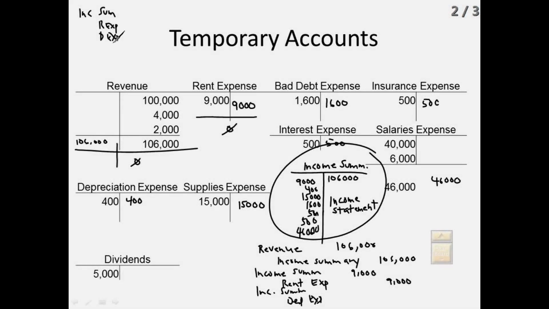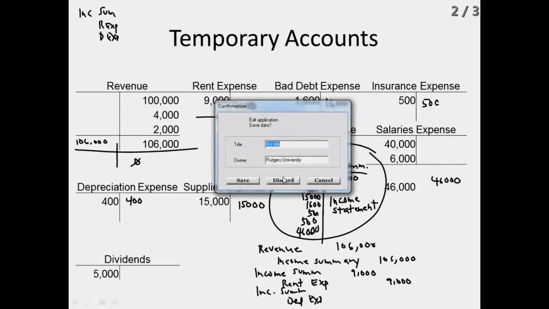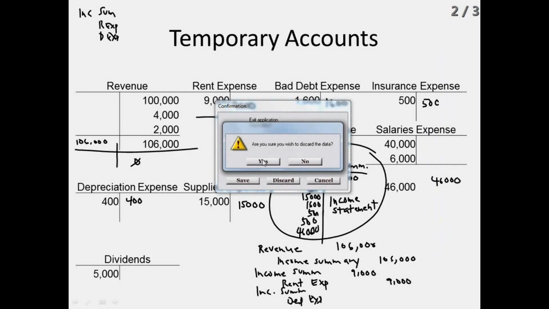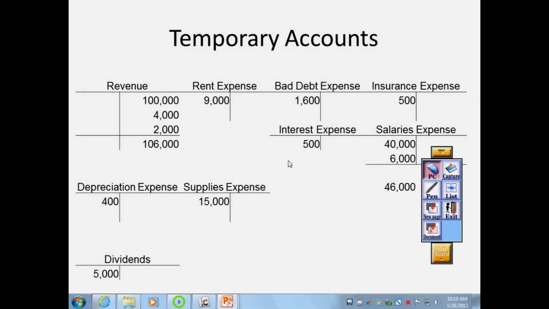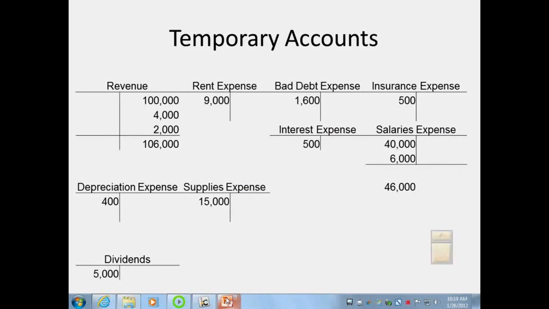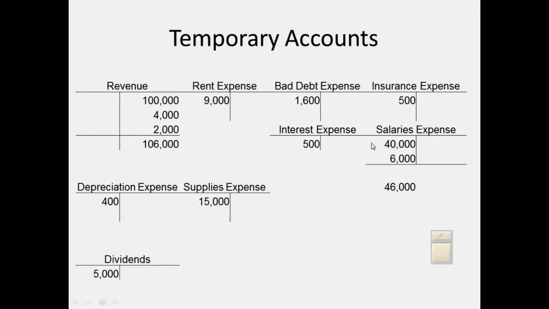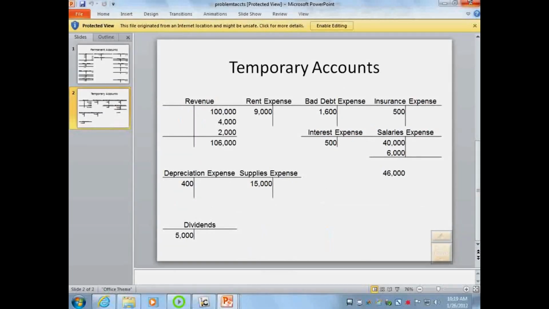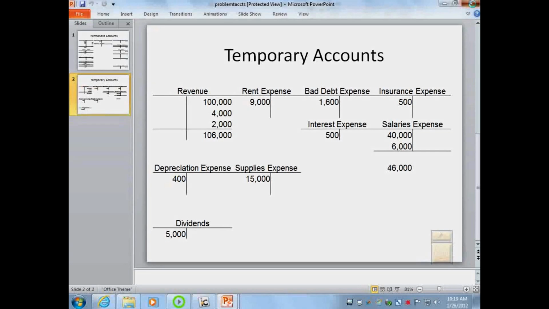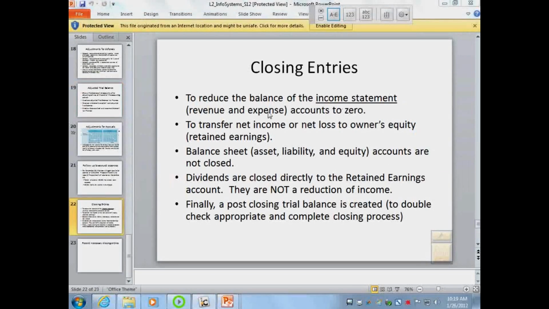So now we're going to shift gears. What you should know by now and have remembered from the first class or the first course is just the mechanics of accounting.